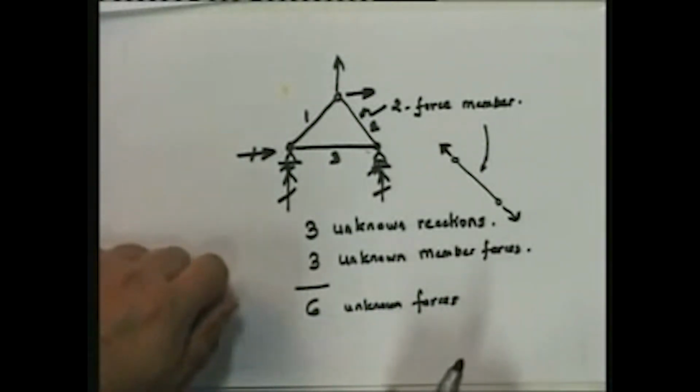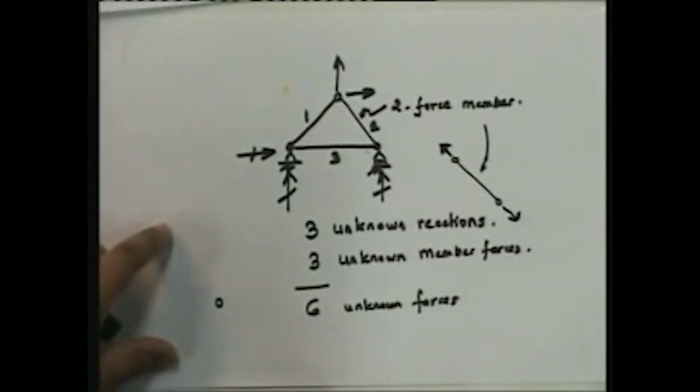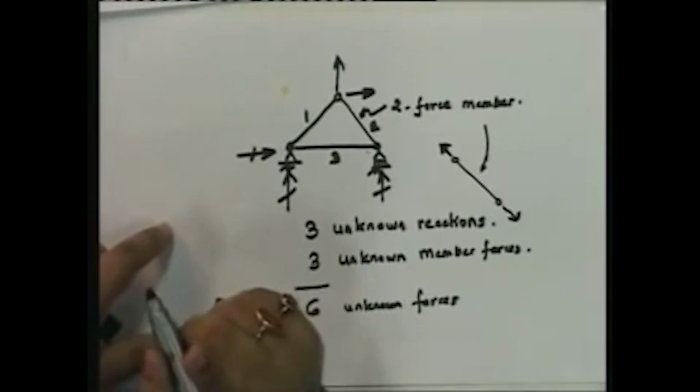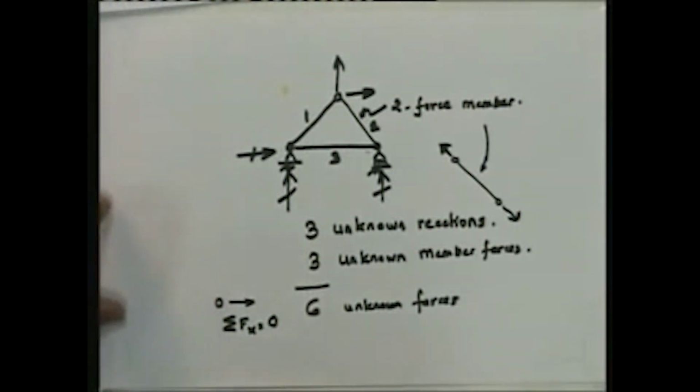Now, how many equations of equilibrium do we have? Well, let's look at it. At a particular point, how many equilibrium equations? Remember, a point does not have any dimension. A point is in a plane. So how many equilibrium equations can we generate? We can generate one, which is sigma Fx equal to 0.